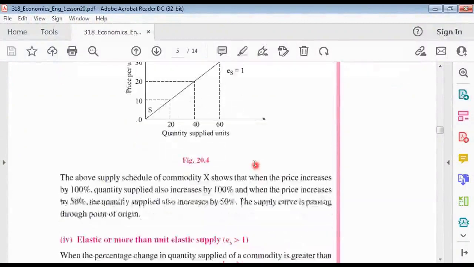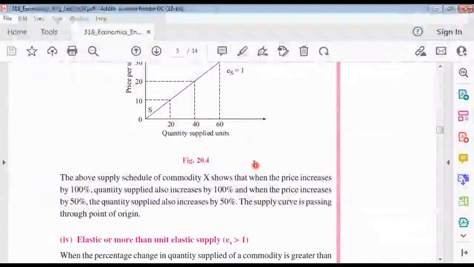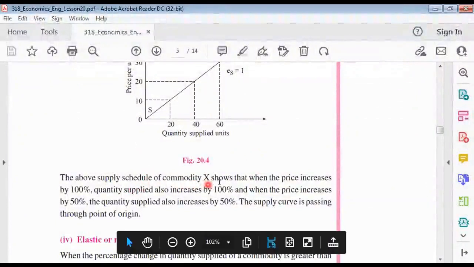And on putting the values in the formula, you can see here the above supply schedule of a commodity X shows that when the price increases by 100%, quantity supplied also increases by 100%. So 100% by 100% is 1. And when price increases by 50%, the quantity supplied also increases by 50%.